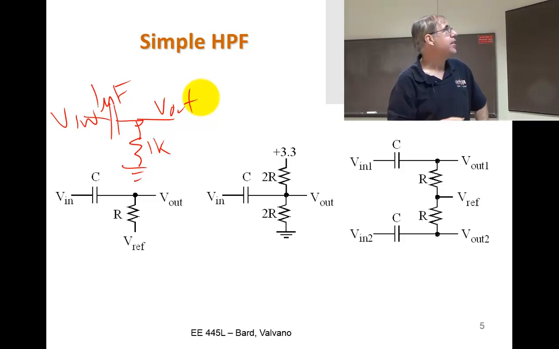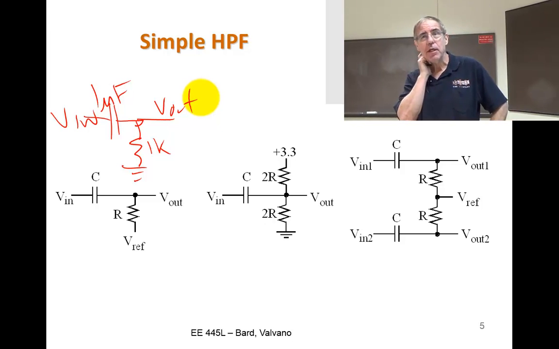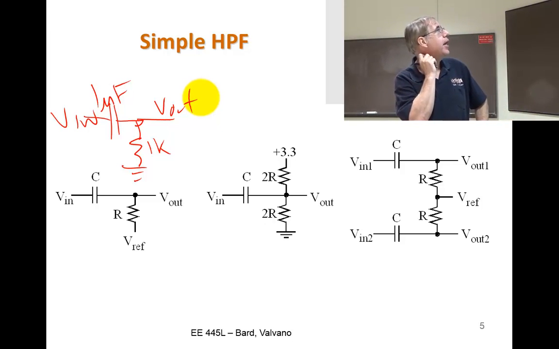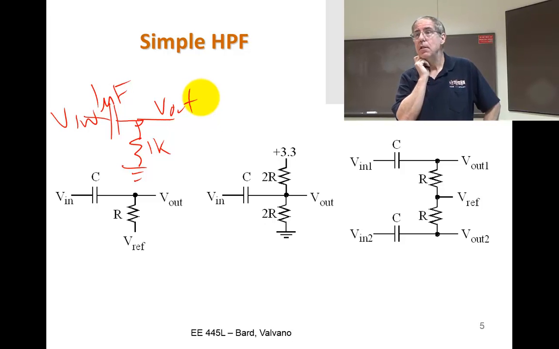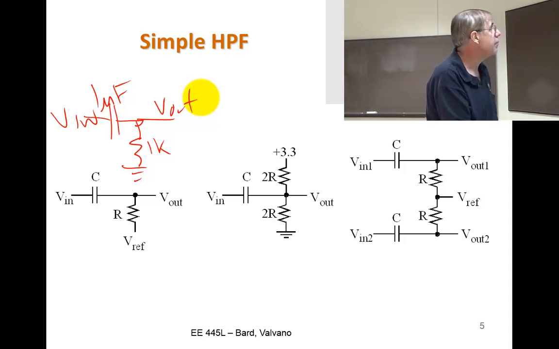How does this behave at DC? We've actually solved this in the microphone circuit, by the way. How does this behave at DC? It doesn't behave at all. So the output is 0 at DC. No current through the capacitor, so the output will become 0.